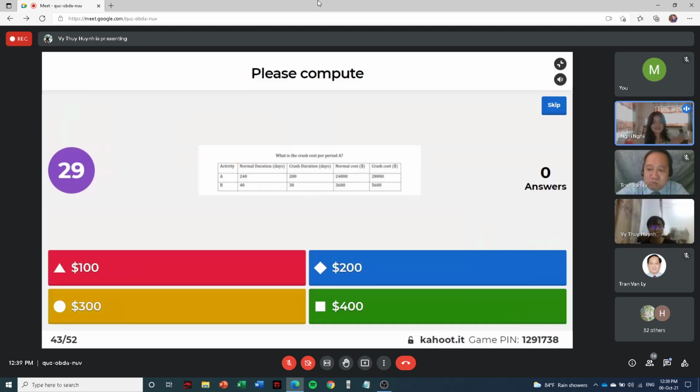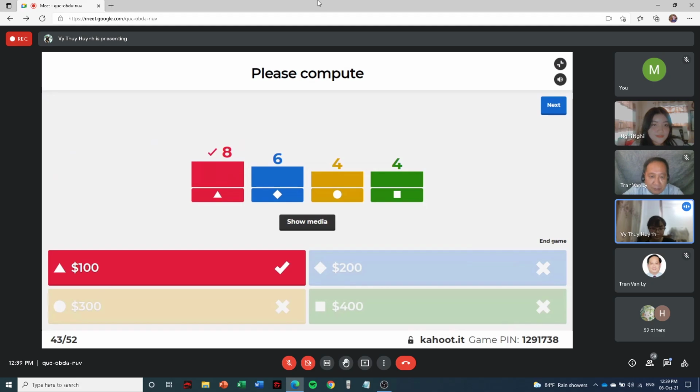Okay, guys, please compute this mathematics problem. What is the crash cost per period of A? Congrats to those who got it right.